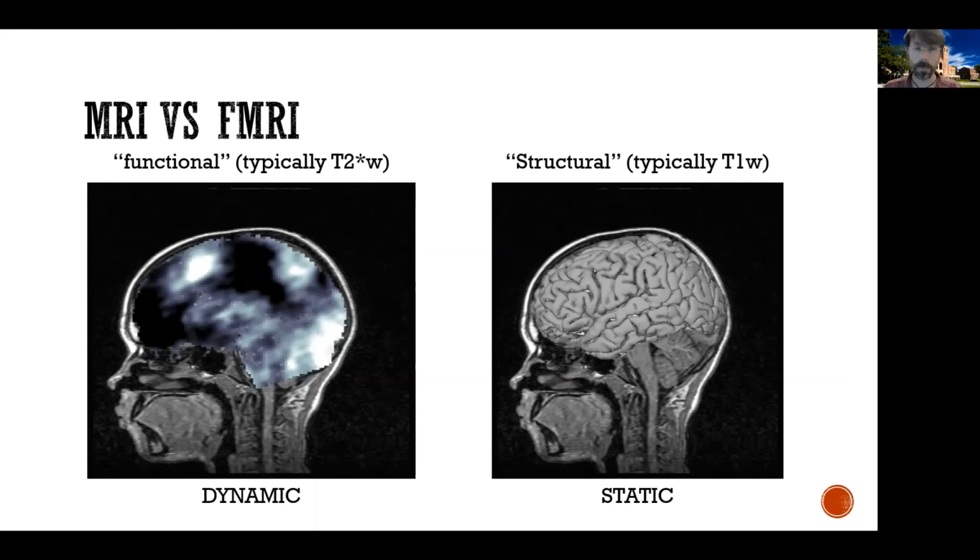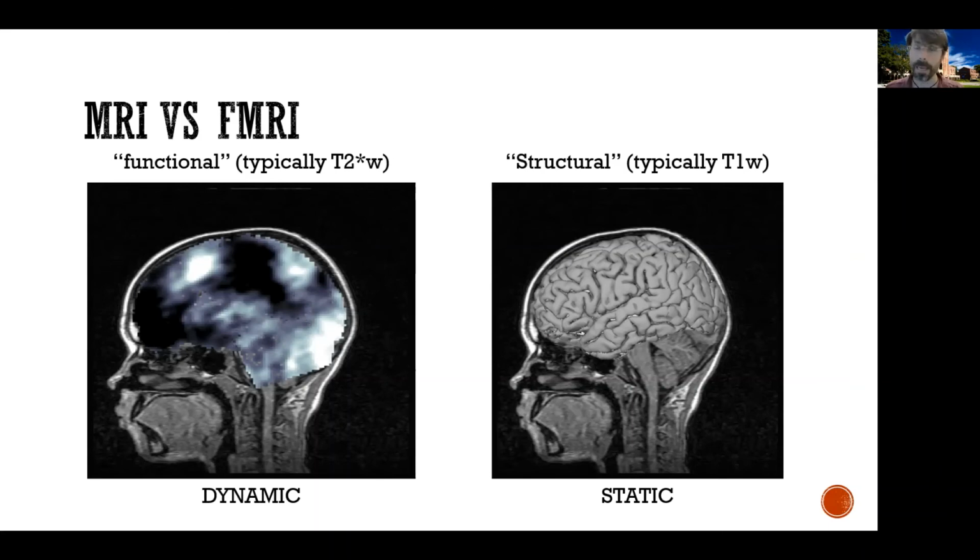And what we do is we look at how the signal of the brain changes together with somebody performing some kind of mental activity. You might imagine an experiment where you put somebody in an MRI machine and you have them listen to stories. And then other times they just listen to silence. And then they listen to stories again. And then they listen to silence.